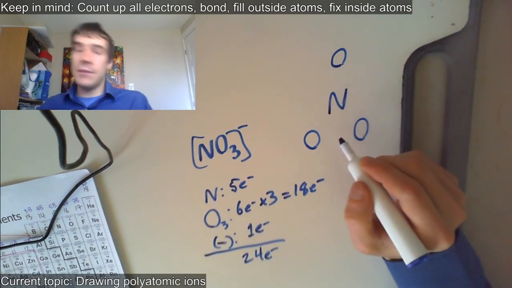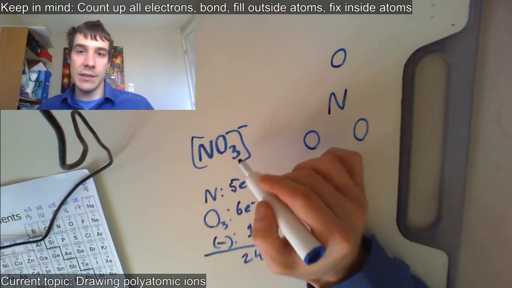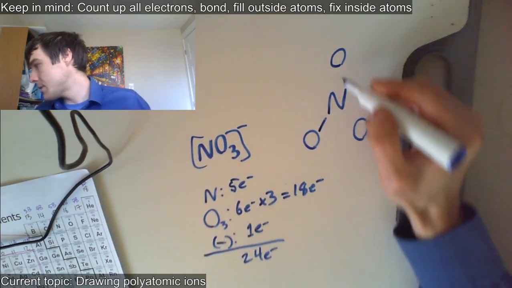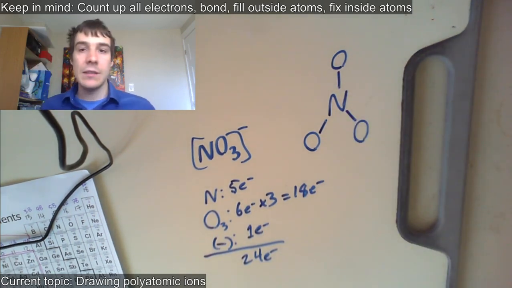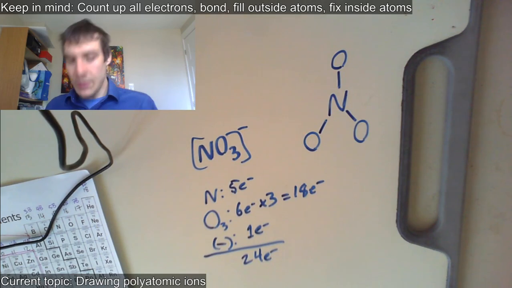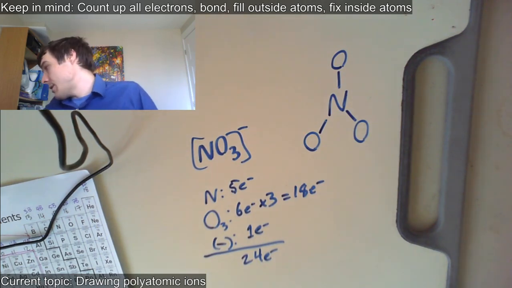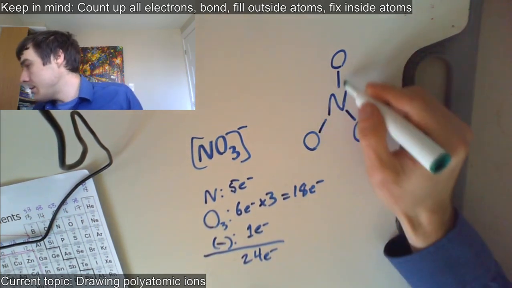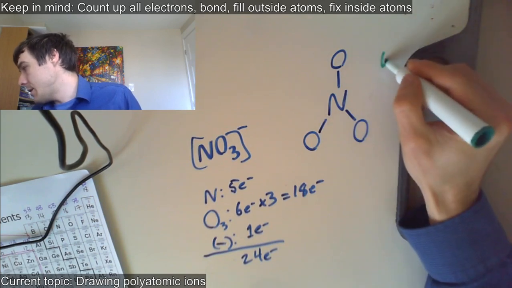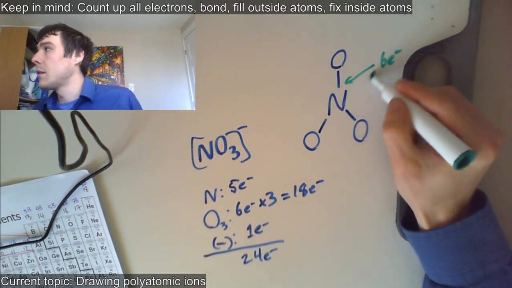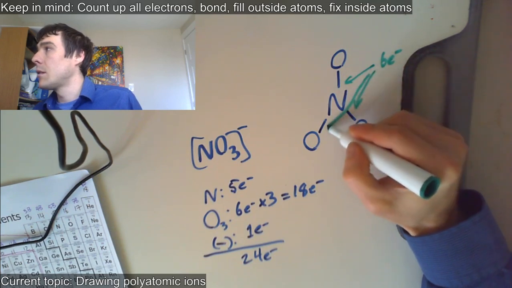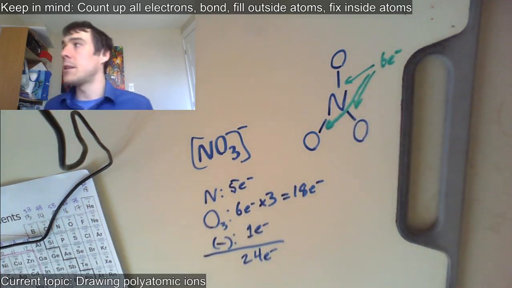And they have to be attached because this is a molecule and it stays together, so we're going to attach them like that. So that uses up 6 of our electrons. Right? 1, 2, 3, 4, 5, 6. So that's 6 electrons in the bond.